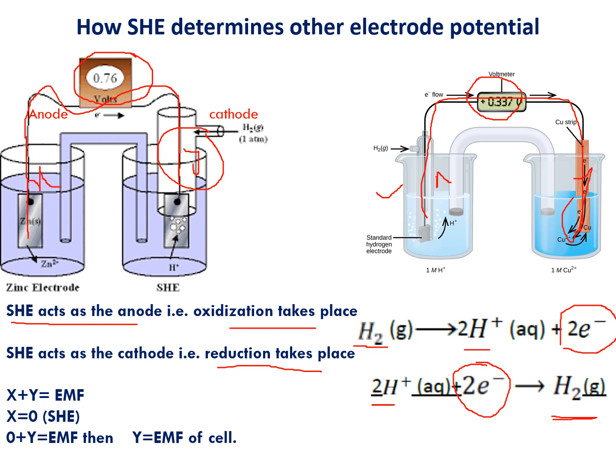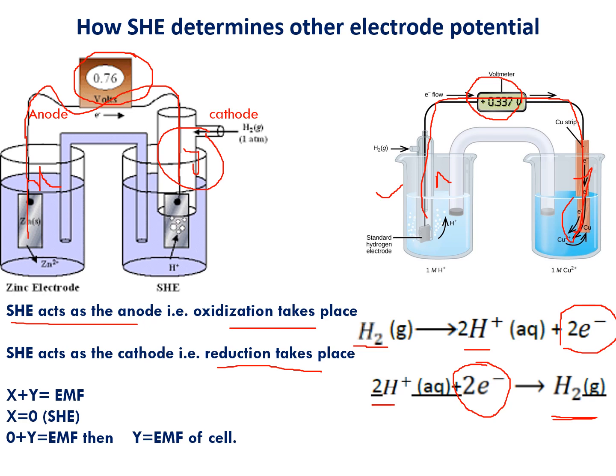I will explain it in a later session, so that is very important. Why is zinc acting as anode, why does copper always act as cathode, why should copper not act as anode, why should zinc not act as cathode? These questions will be answered by using the electrochemical series.